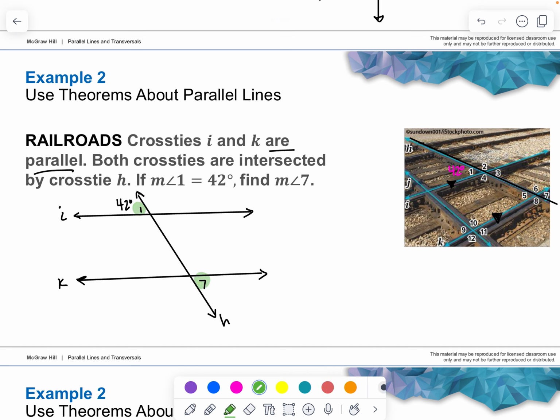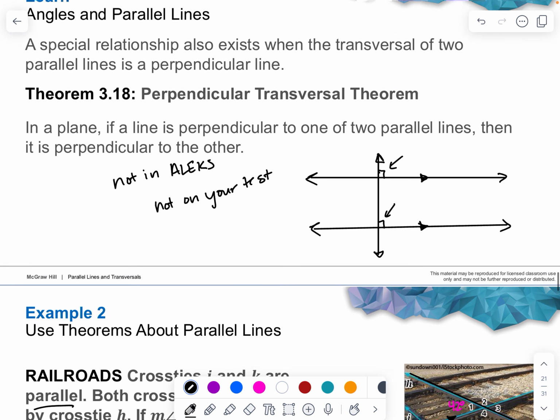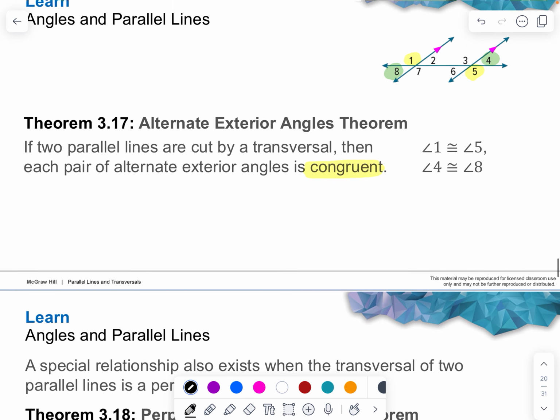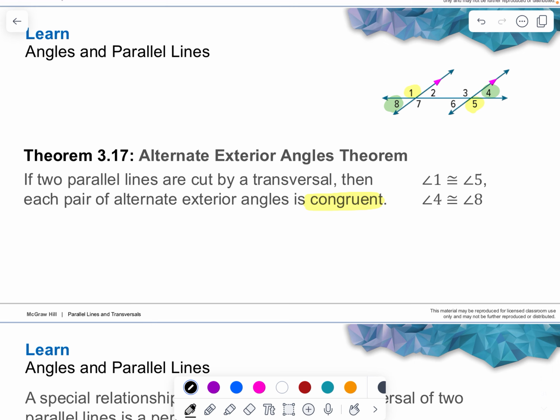What I need to ask myself is what angle pair are 1 and 7? And so I think back to my rules before. They're on the outside, which means they are exterior. And they're on opposite sides of the transversal, which means they are alternate exterior angles. And then I'm going to look up at my rules, and alternate exterior angles are congruent.